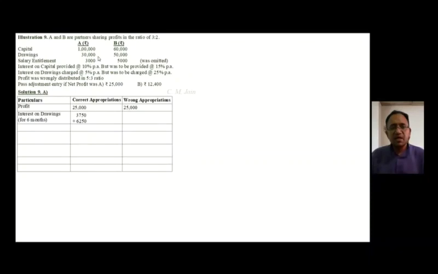For 6 months, half of 1,500, that means rupees 750 in case of A. And in case of B, 5% of 50,000 will be 2,500 for the whole year. But for 6 months, half of that, rupees 1,250.